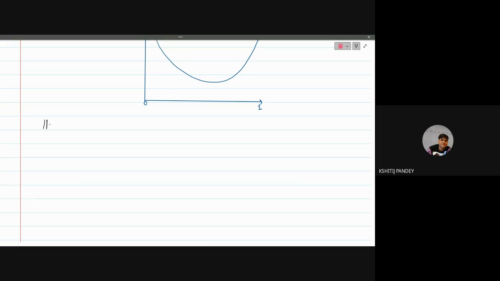So we have this belief about the unknown parameter, or you can say hunch.